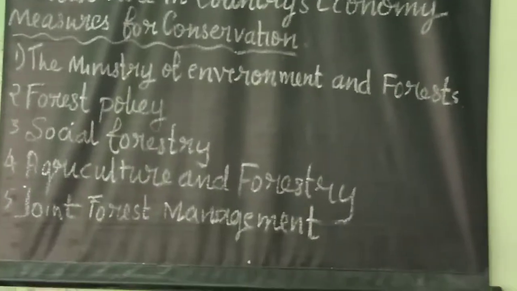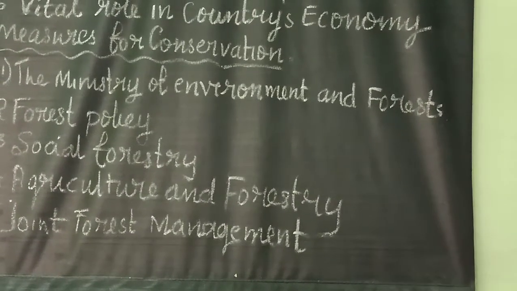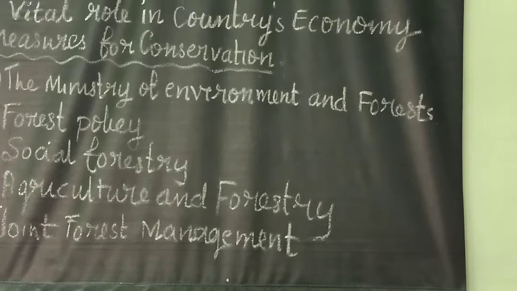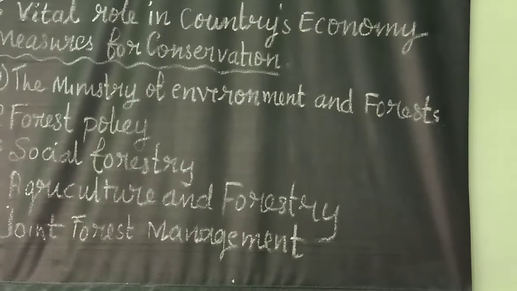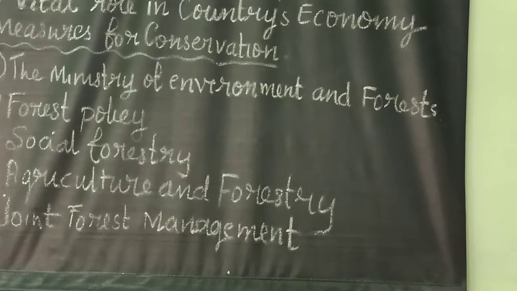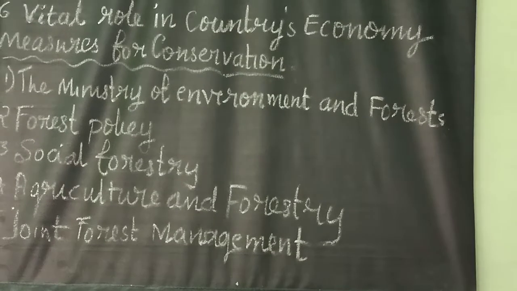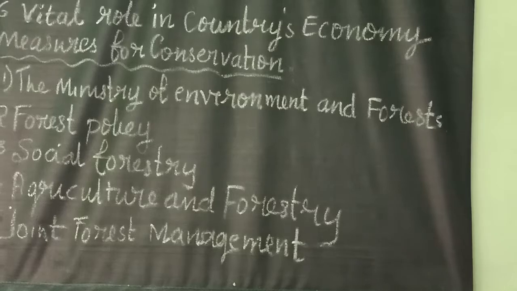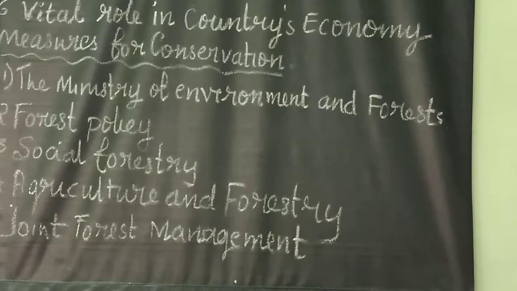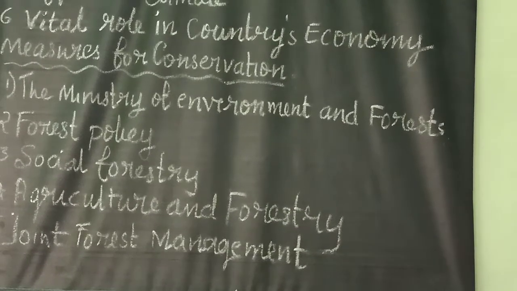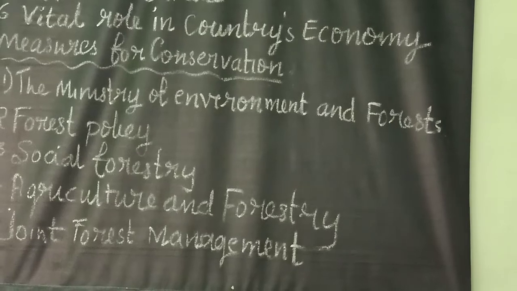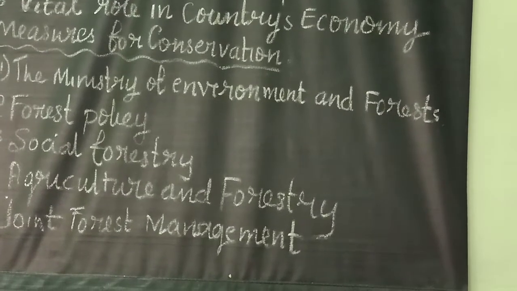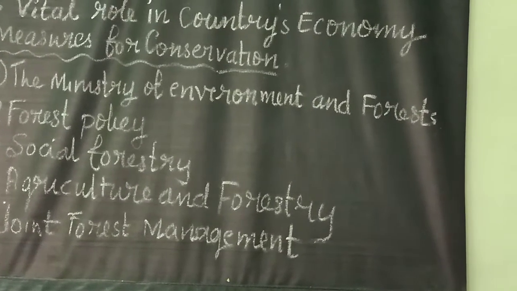First thing, the Ministry of Environment and Forest. The Ministry of Environment and Forest is the nodal agency in the administrative structure of central government. It is mainly for planning, promotion, coordination and overseeing the implementation of environmental and forestry programs. The ministry is also the nodal agency in the country for the United Nations Environment Program.